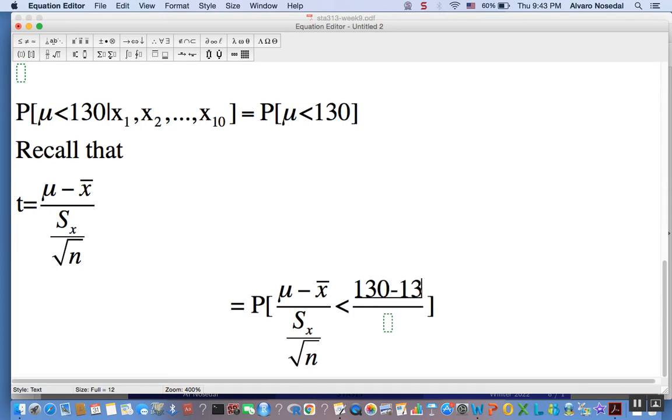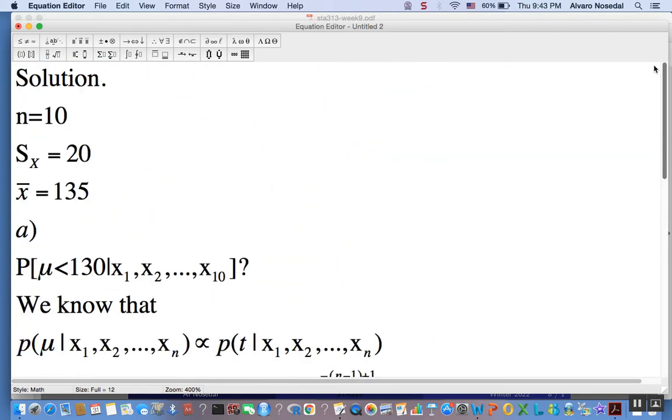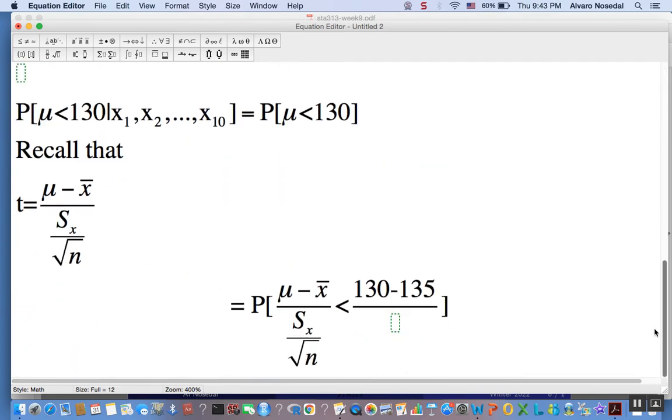In this case, let me do it with numbers. 135, we know, right, that the sample standard deviation was 20. Okay, so we have a 20 here, and we have a square root of 10.